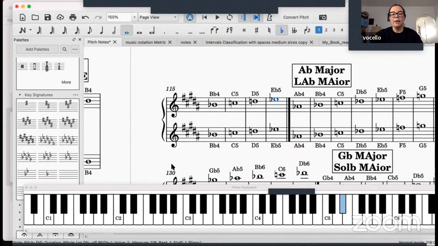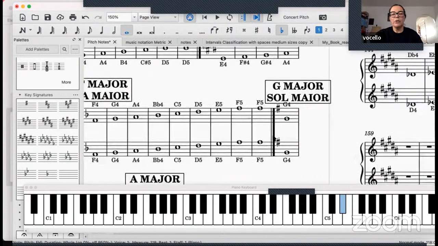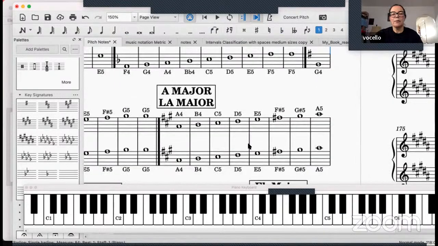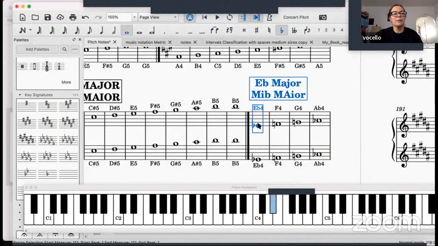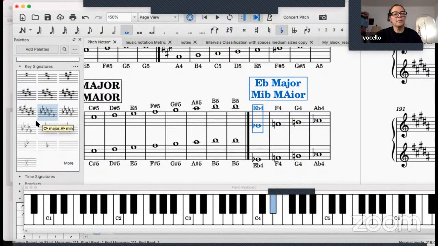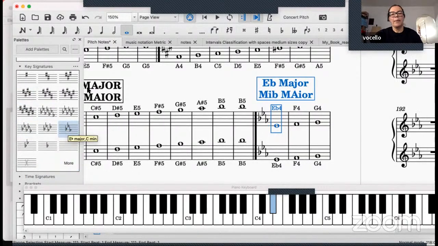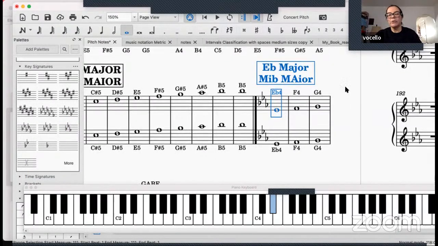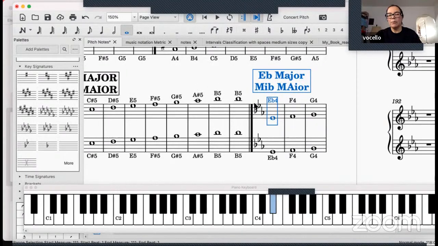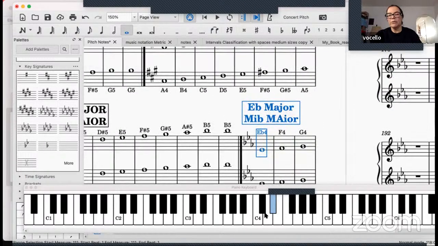So that follows. So now we are going to change here. E flat major has E flat, B flat, and A flat as accidentals. So we just add them on the key signature as the fixed ones.